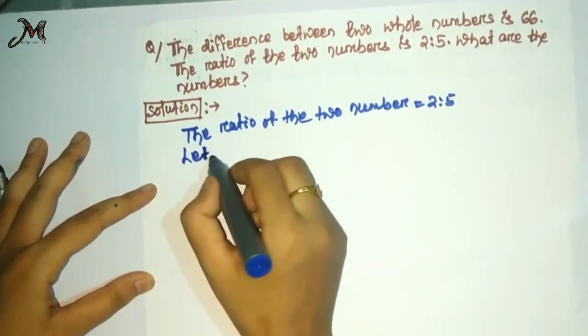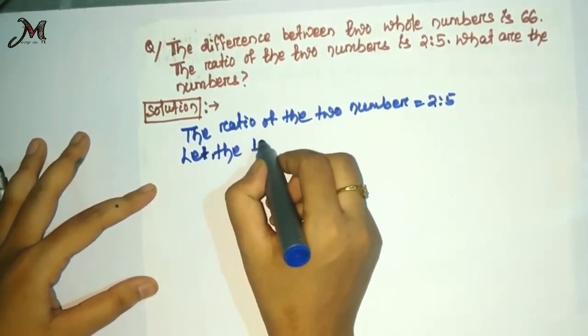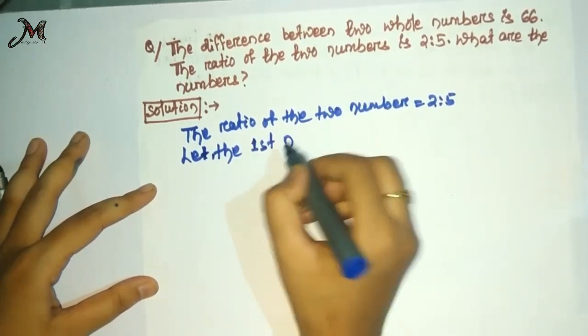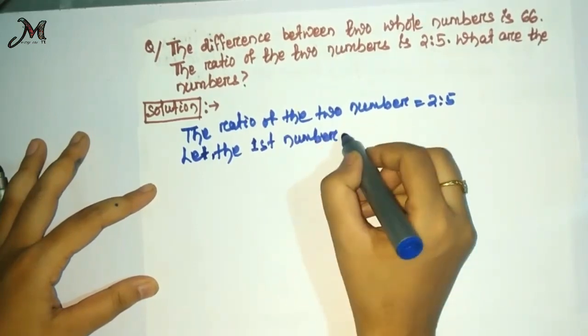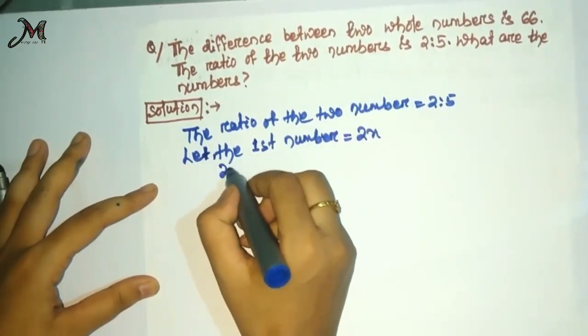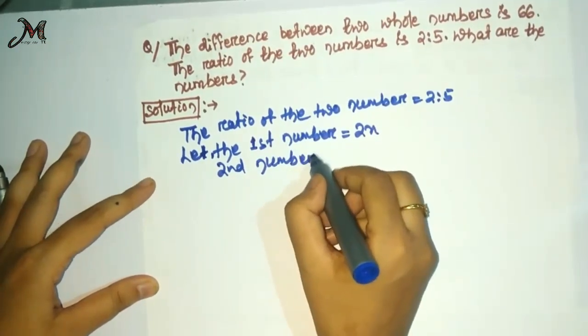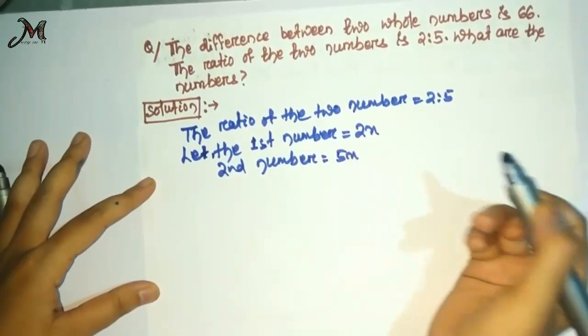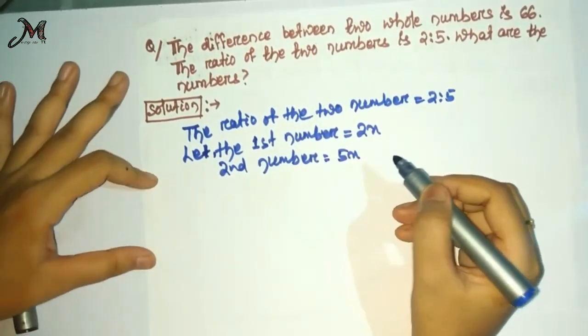So let the first number be 2x, and the second number will be 5x, right? The first number is 2x, then the second number will be 5x.